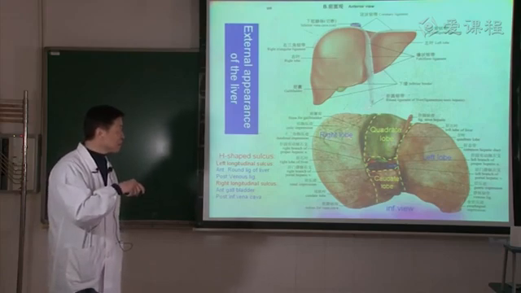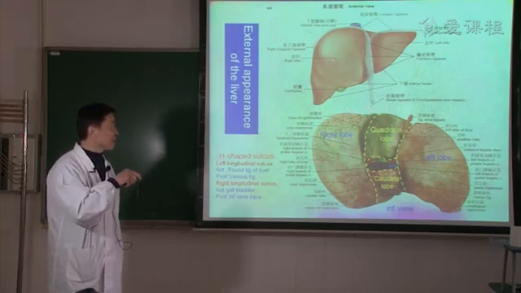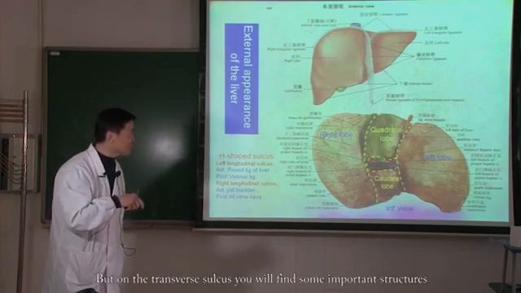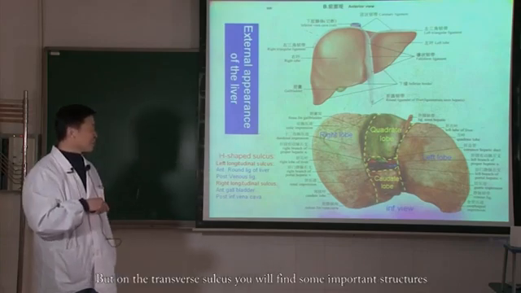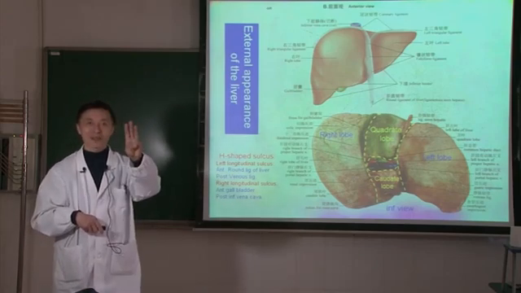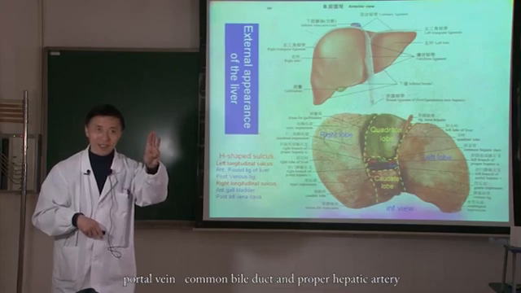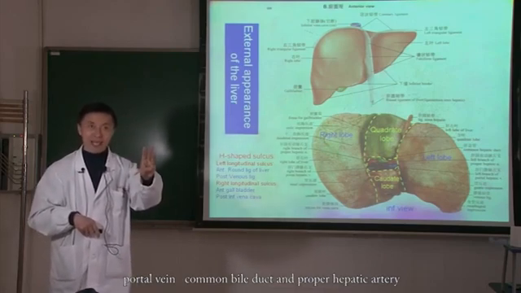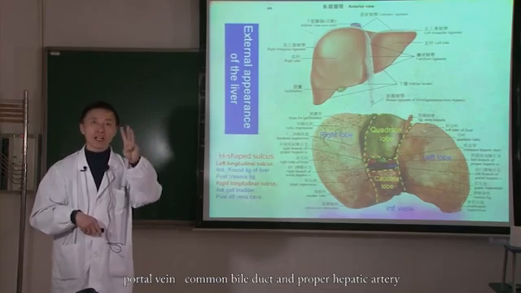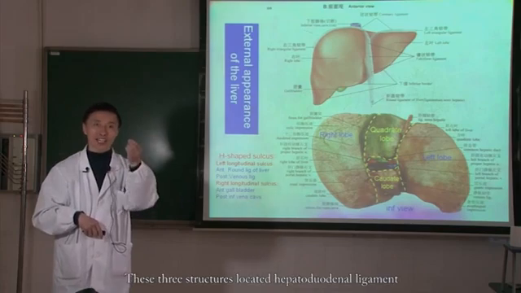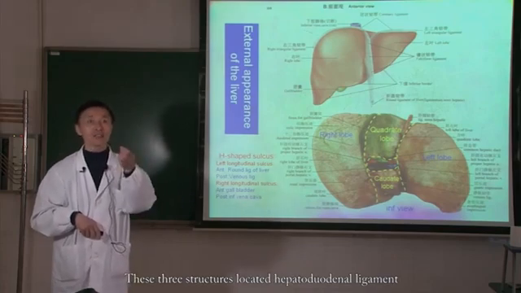This lobe together belongs to the right lobe. On the transverse sulcus, you will find some important structures: portal vein, common bile duct, and proper hepatic artery. These three structures are located in the hepatoduodenal ligament.